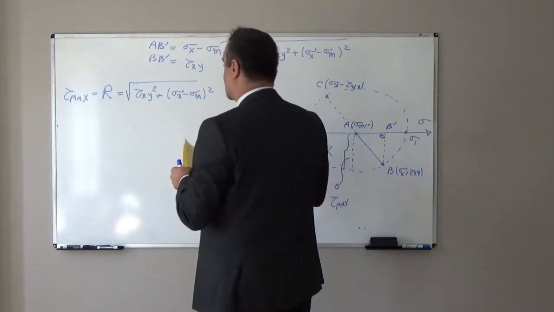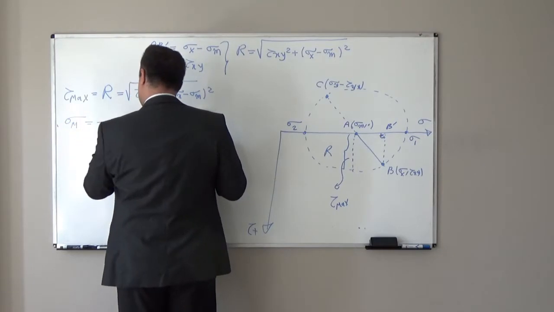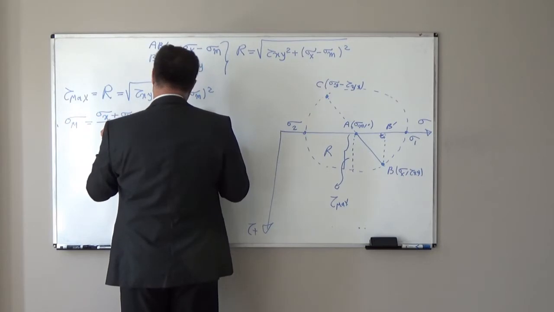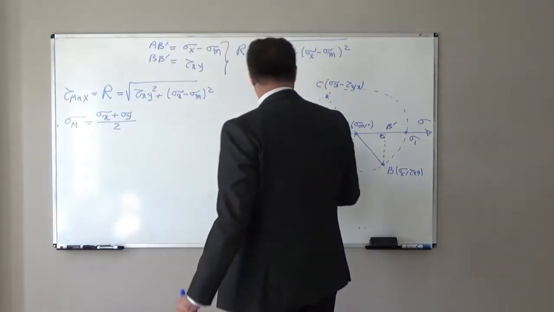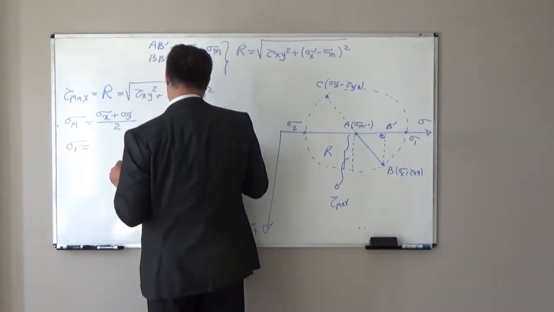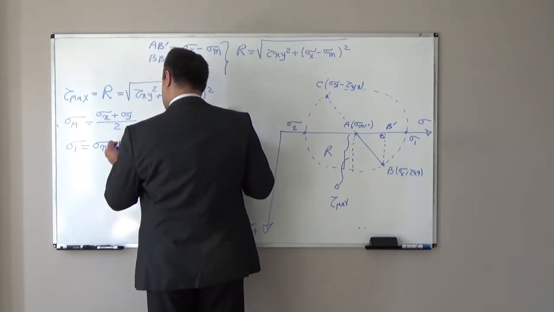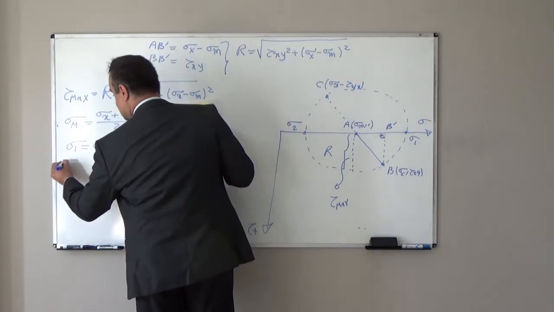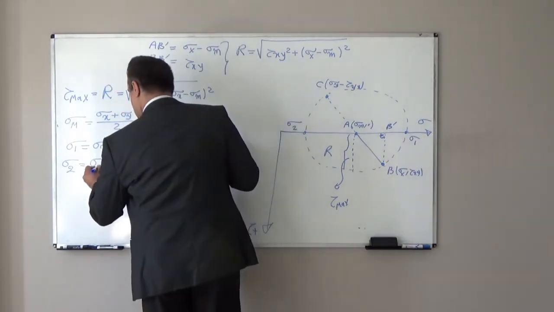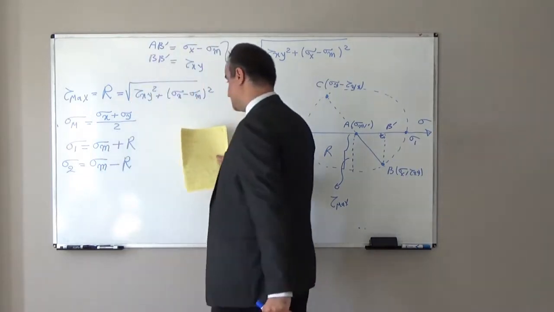Mean stress, or average normal stress, is sigma x plus sigma y over 2. From here, the principal stress, maximum normal stress, sigma 1, will be mean stress plus radius. Sigma 2, minimum normal stress, will be sigma m minus radius.